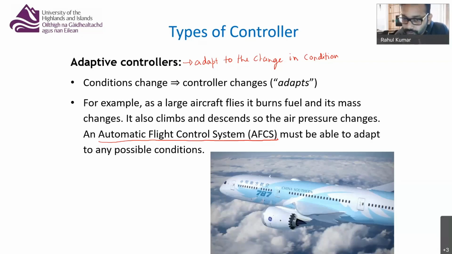So it adapts to the changes. It adjusted the value of thrust which the engine should produce according to the weight of the aircraft, right? So that type of controller is called your adaptive controller, which adapts or changes according to the condition of the system.